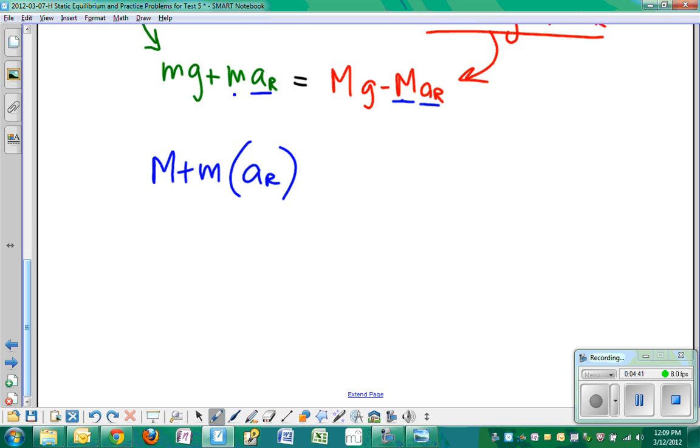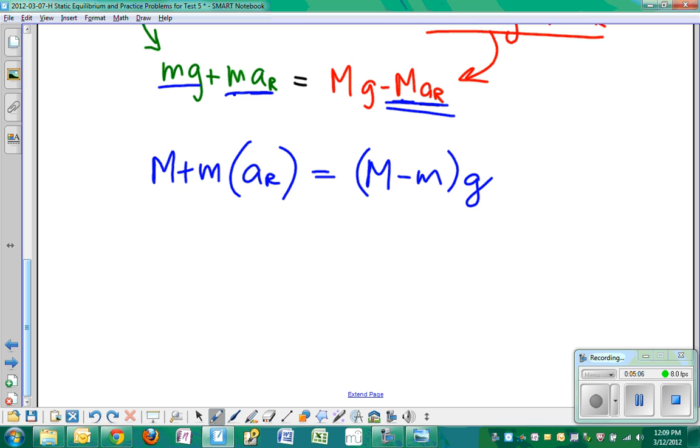Got that? m A_R plus big M A_R, added this to each side, and then I factored out the A_R, the acceleration of Robin Hood. So now what am I going to do to this right here? I'm going to subtract that from each side, so I'm going to get big M minus little m times g.